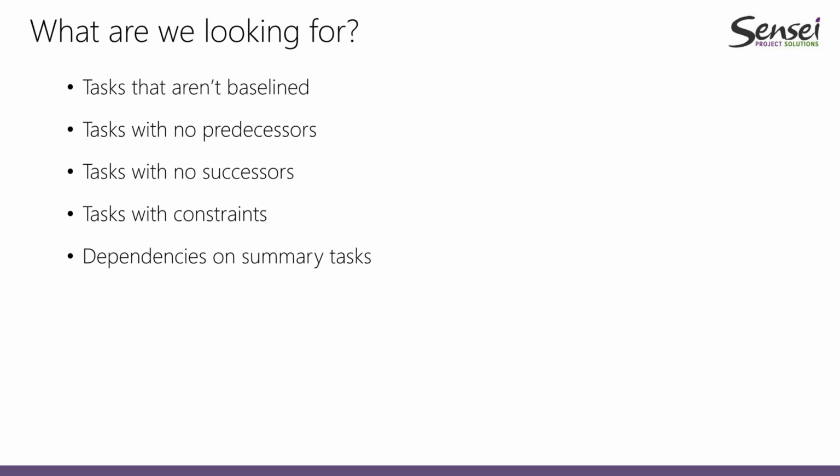So it's like a package, right? The only links that we should be having are in between tasks, a task to task dependency. Dependencies on summary tasks, if they do exist, should be avoided, so we should be making sure that there are none.